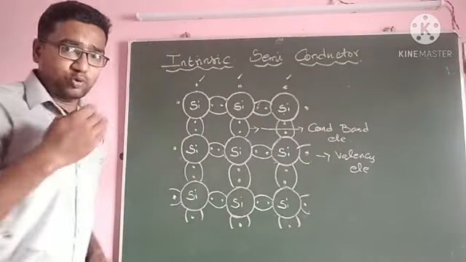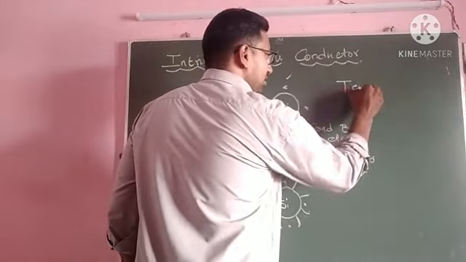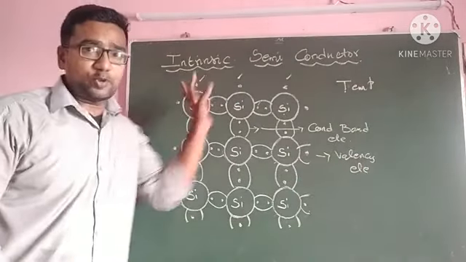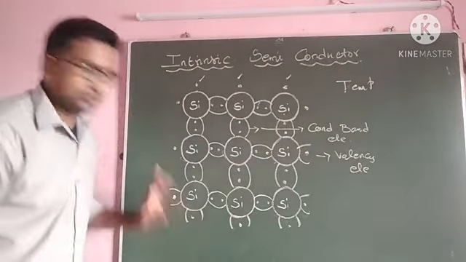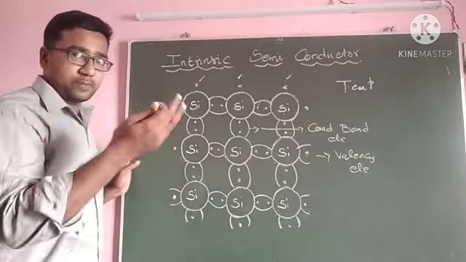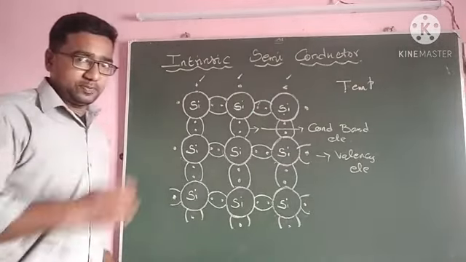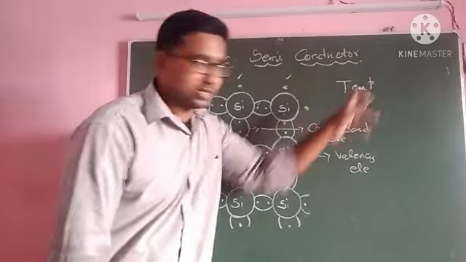Suppose I am going to give a certain temperature to this intrinsic semiconductor. I already told you the intrinsic semiconductor is a pure form of semiconductor, having only silicon atoms. There are no impure atoms, so the conductivity is too low. For the purpose of increasing the conductivity, I am going to give the temperature.